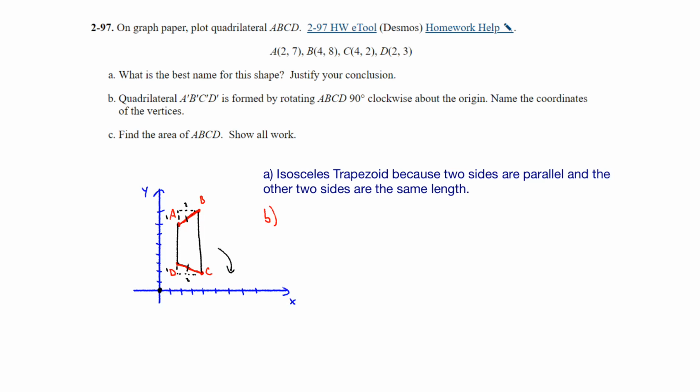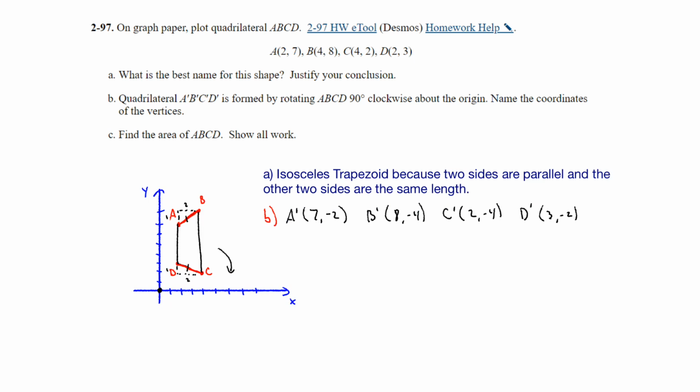And when you do that, your new vertices will be A' will now be at 7, -2. B' will now be at 8, -4. C', 2, -4. And then D' will be at 3, -2.